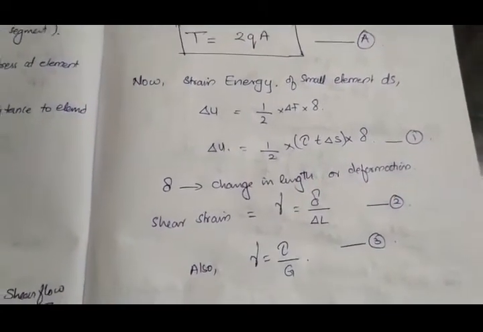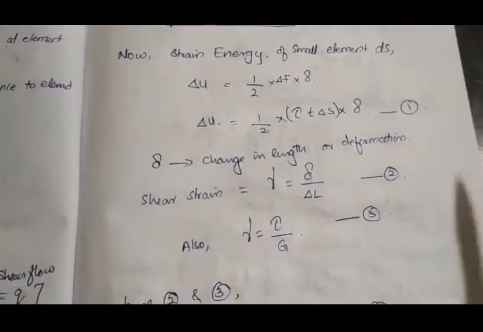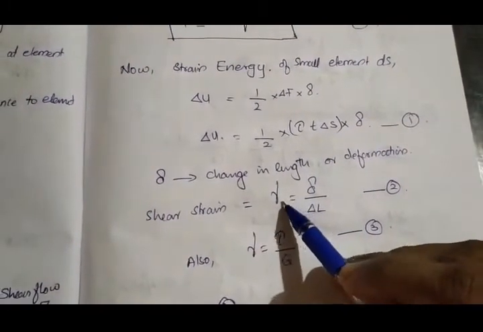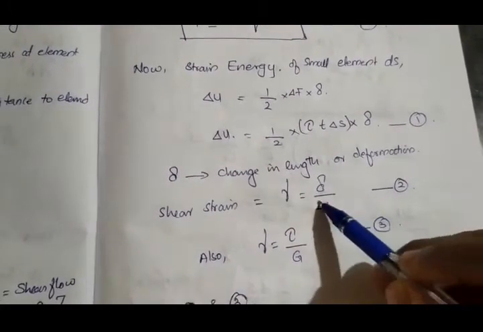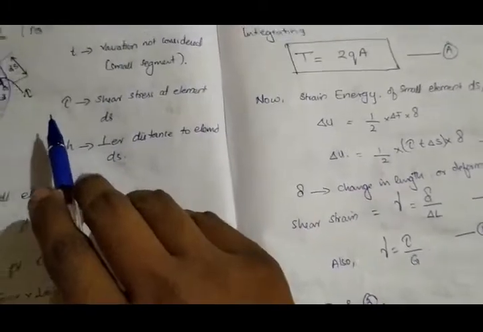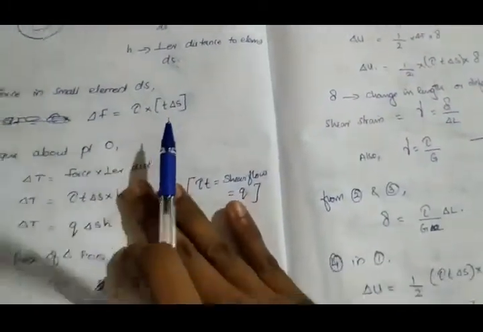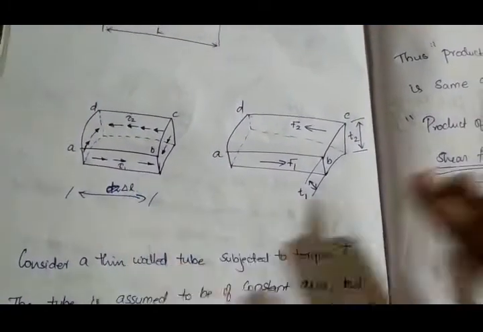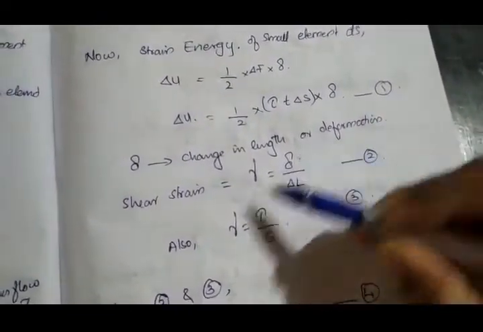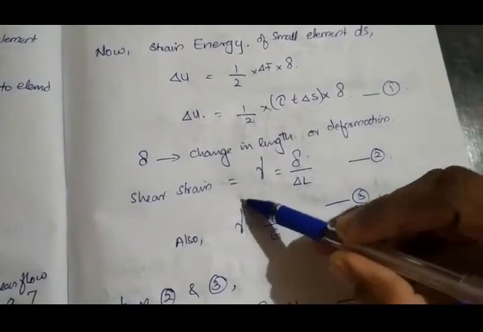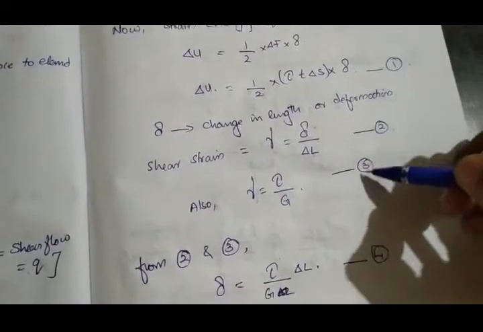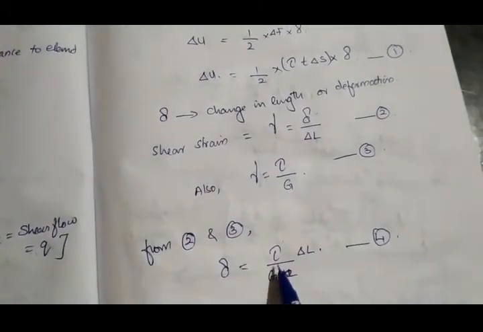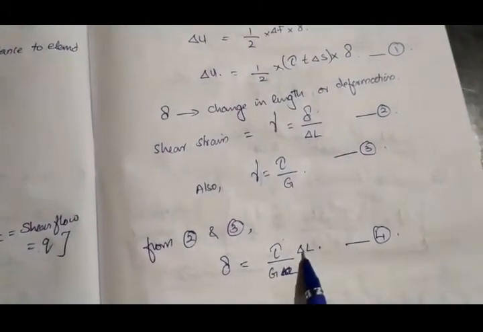Here we have some concepts to be clear. Shear strain is given by change in length by original length, where the original length we considered here is delta L, and there is a small deformation of delta. Also shear strain is shear stress by rigidity modulus. From these two equations, delta is shear stress by rigidity modulus into delta L.